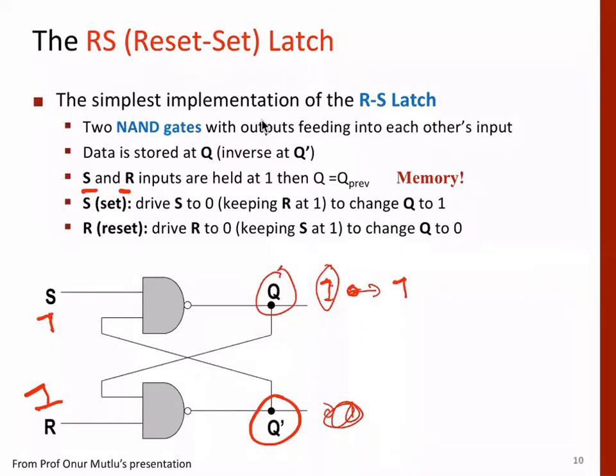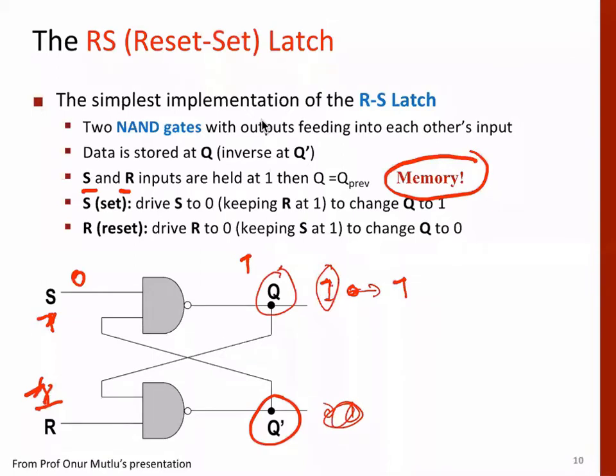So if you put both S and R as 1, then whatever the previous state is remains in the latch. So it means that it can now work as a memory. Now if you set S to 0 instead of 1, then output Q changes to 1.